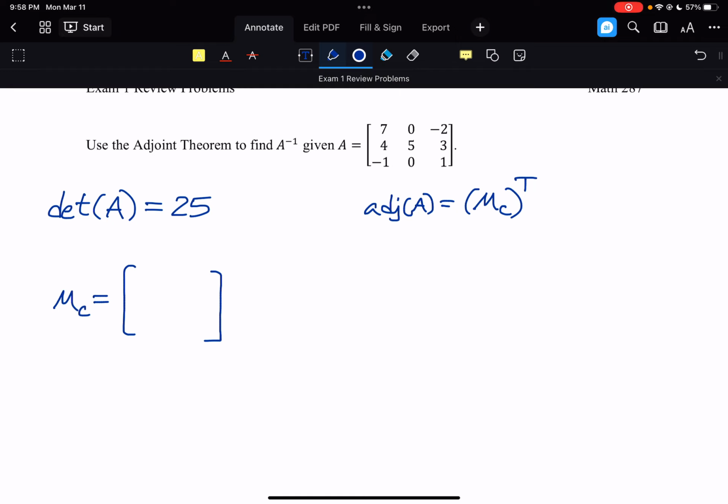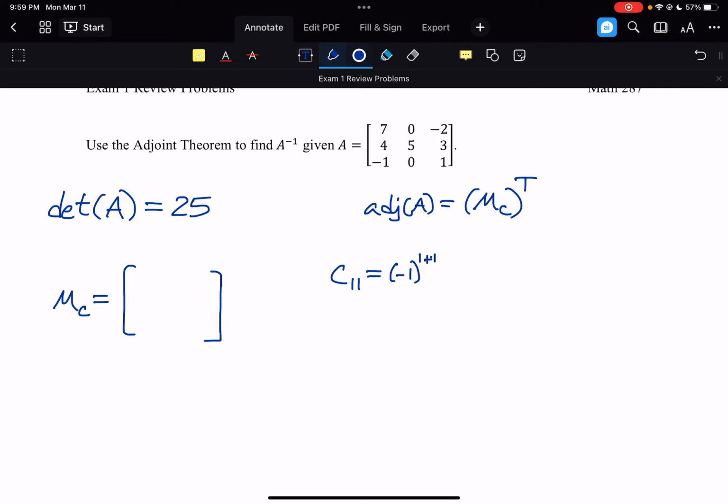So let's go ahead and try this out for a few examples here. So for C11, the cofactor, we're going to take -1 to the 1 plus 1, which if you recall, is all dependent on its position, right? We have that checkerboard pattern that goes across here that can let you know whether this term keeps its sign or flips its sign. So that can be a helpful tool.